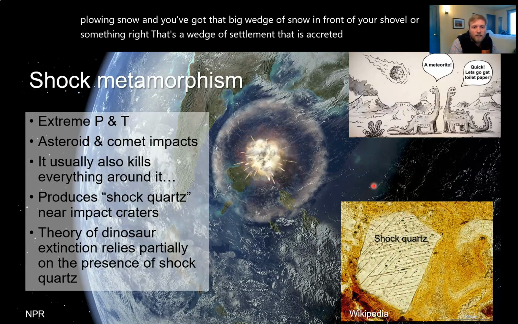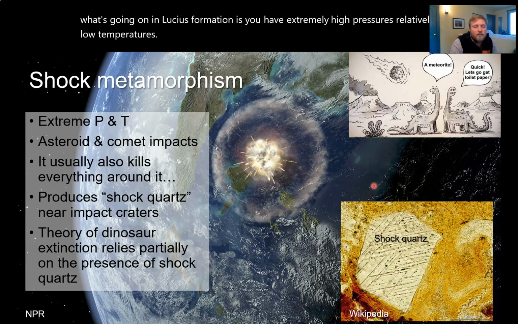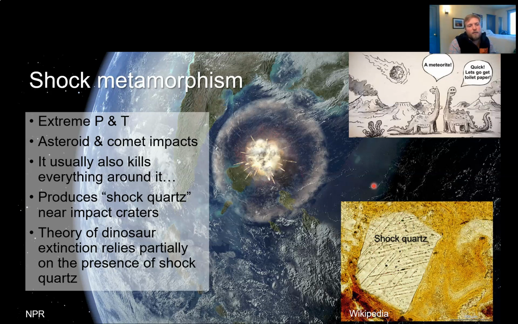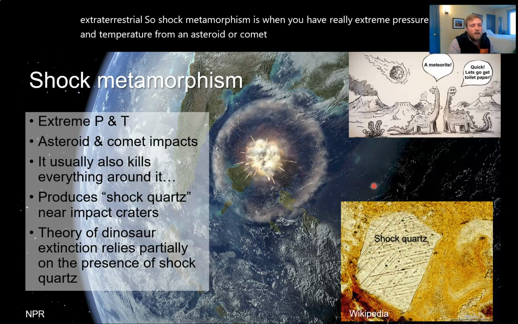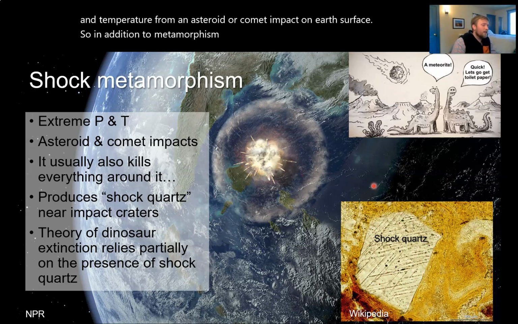And then the last type of metamorphism is actually special because it is extraterrestrial. Okay, so shock metamorphism is when you have really extreme pressure and temperature from an asteroid or comet impact on Earth's surface. So in addition to metamorphism, right, these types of impacts cause extinction events.